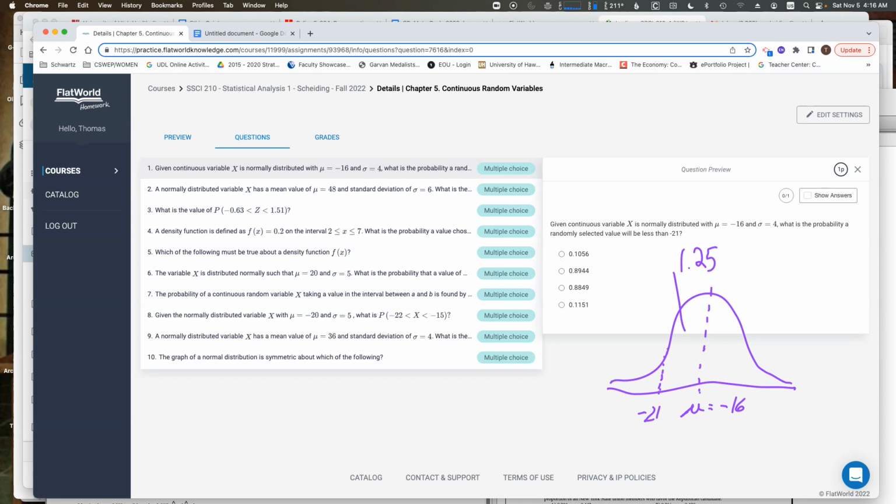And what we can do is look at the standard normal distribution here. Let's see here.